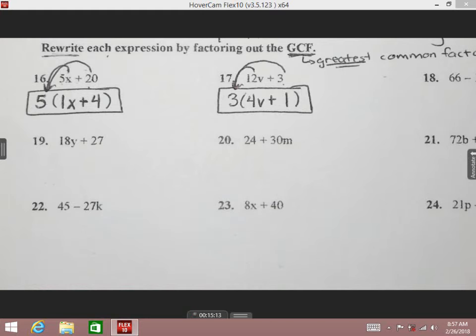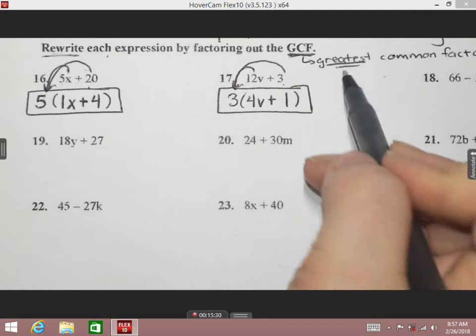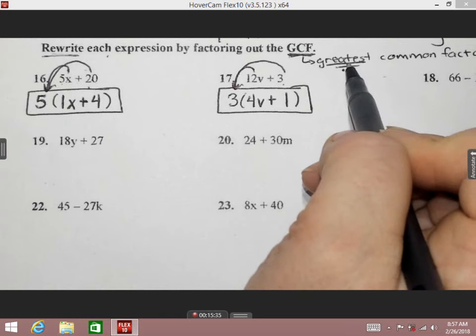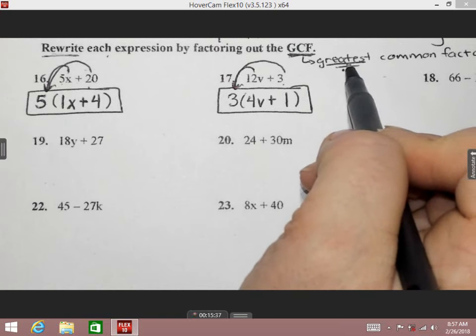You can check that in your calculator. 27 divided by 18 does not give you a whole number. Annabella? 9. So 9 will go into 18, 9 times 2. 9 will go into 27. Aren't there more numbers you could put outside? There are more numbers, but again, we've got to pick the greatest. So if you picked a number smaller than 9, then that's not going to work.